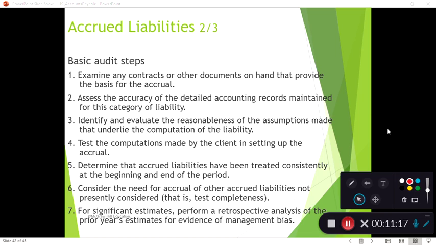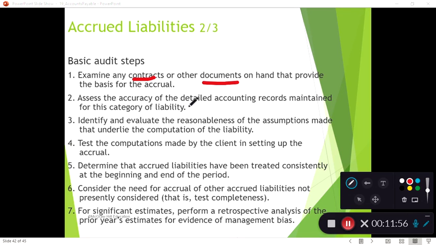Okay, and just skipping ahead a little bit here, just a couple of comments about accrued liabilities in general, the types of procedures you're going to do as the auditor. So if there is an accrual here, then are there contracts or other documents on hand that provide the basis? For example, I remember working for a company and most of the time they didn't record a utility bill until they actually got the bill and paid it.